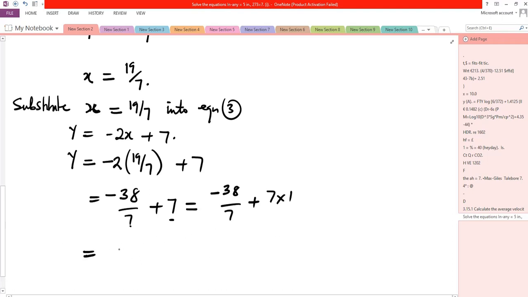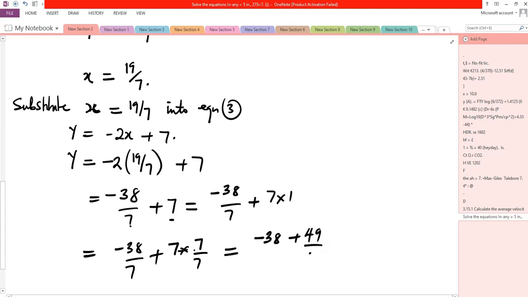So I'll say minus 38 all over 7 plus 7, and 7 divided by 7 gives you 1. Now we are left with minus 38, and 7 times 7 is 49.